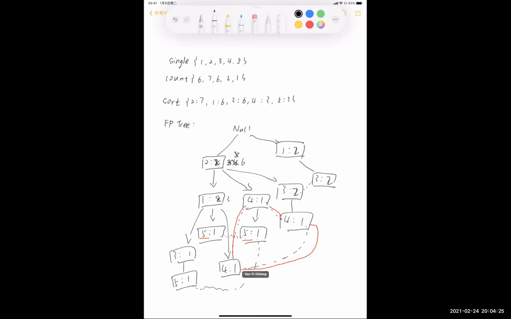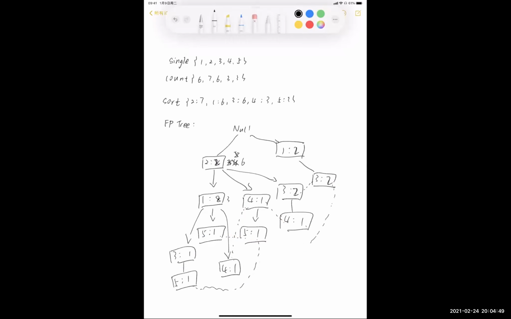Oh, right. There's no dash line here. But for your 3-1 here, you need the dash line. Right. Always look at the last one.